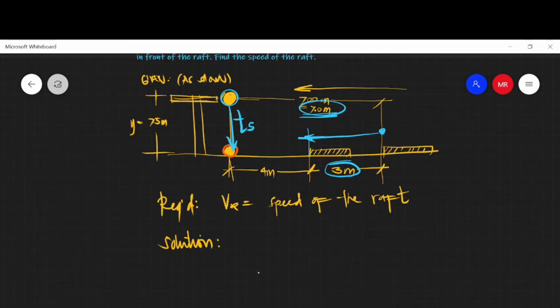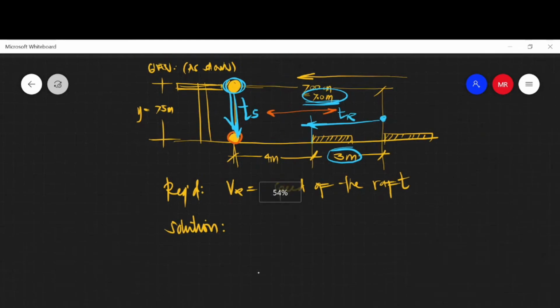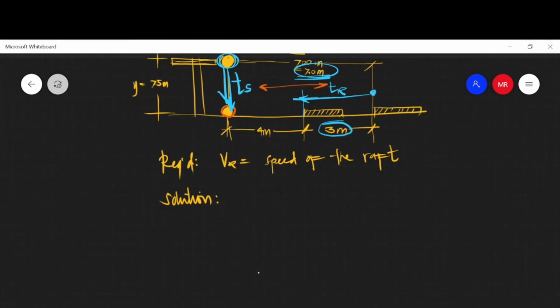Let's say that this is also the time of the raft, which is equal to the time for the stone to drop from this point going down. So let's have that assumption that the time of the stone is equal to the time of the raft.